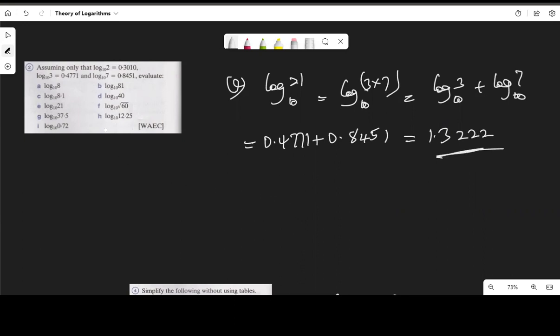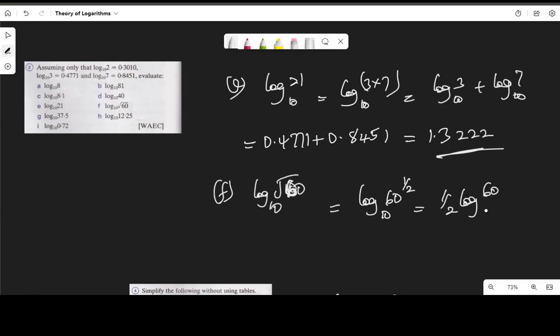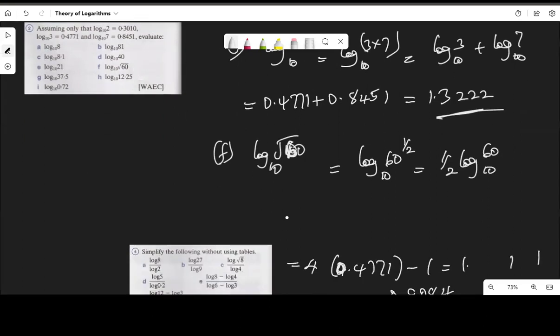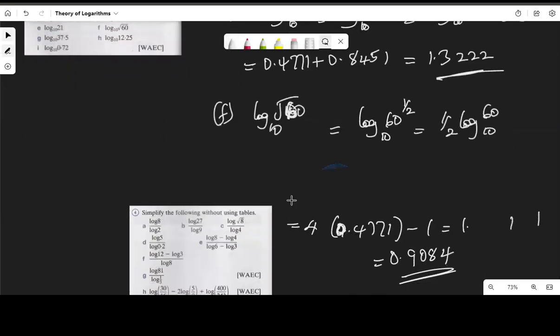Then question F, we have log square root of 60 to base 10, which you can write as log 60 to the power of half to base 10, which is half log 60 to base 10. Now 60 we can write as 6 times 10.